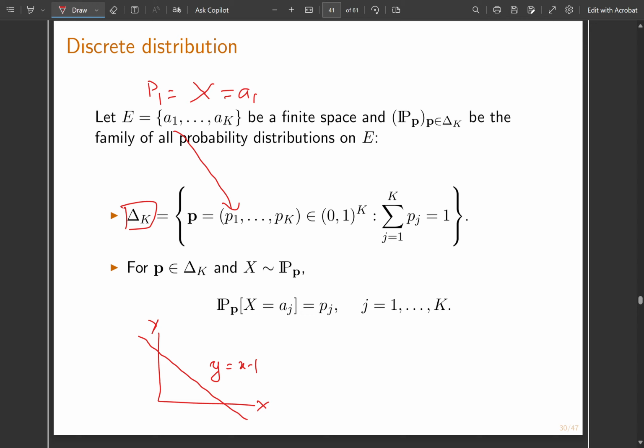And there are many realizations that can happen in each random sampling, and when you collect this set of vectors, we commonly call it a simplex of k.